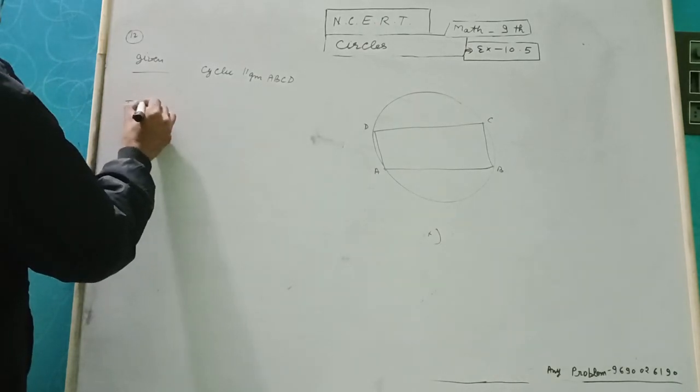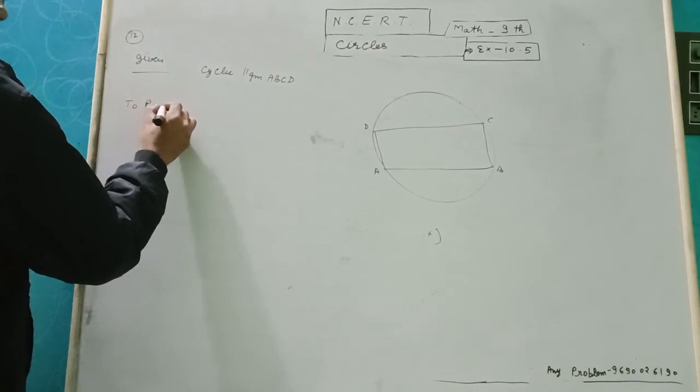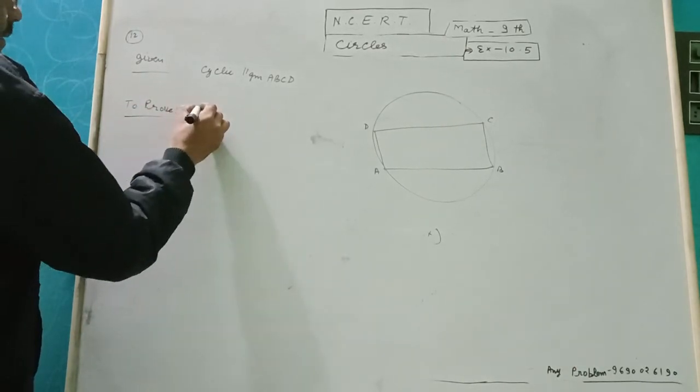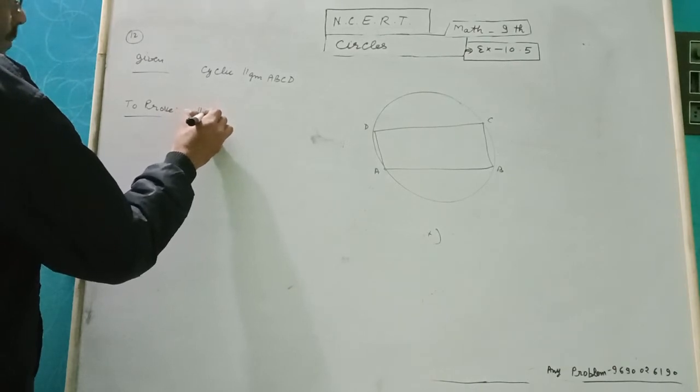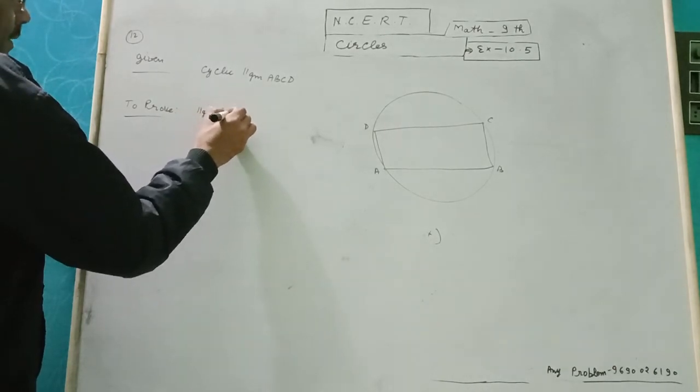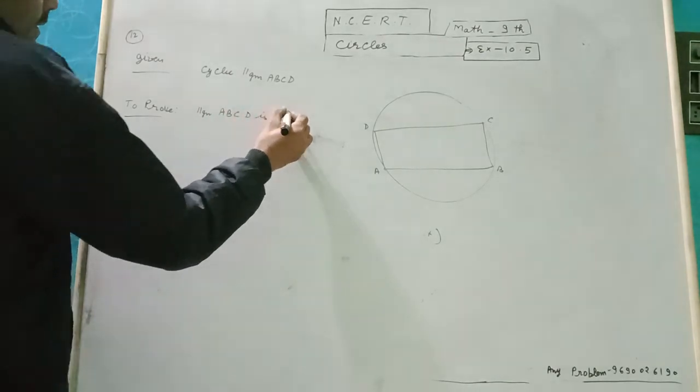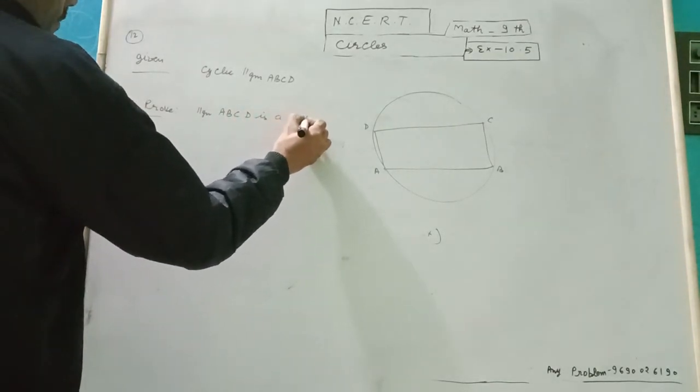To prove is: parallelogram ABCD is a rectangle.